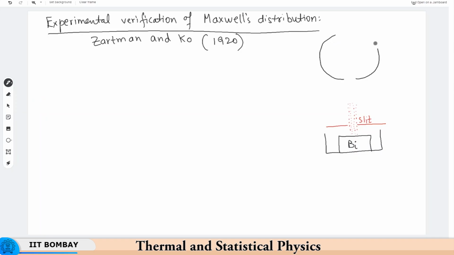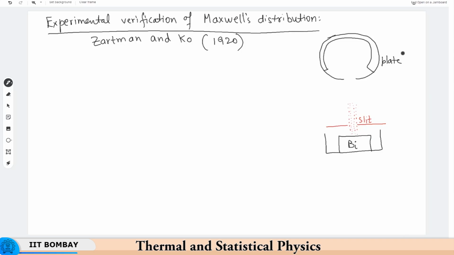Okay. So, this is a cylinder, a long cylinder, and there is a slight opening at the cylinder. All right. So, there is a tiny slit at the cylinder through which these bismuth molecules can pass through. All right. And there is a plate.